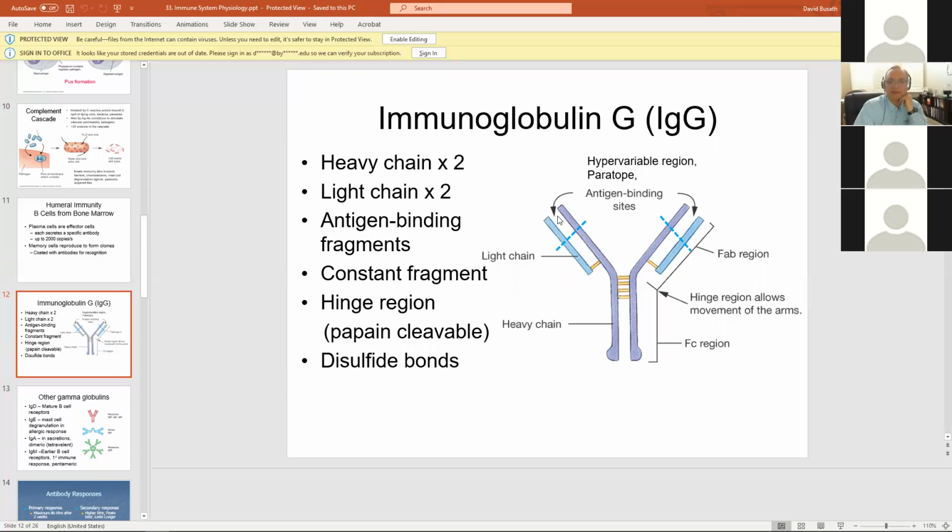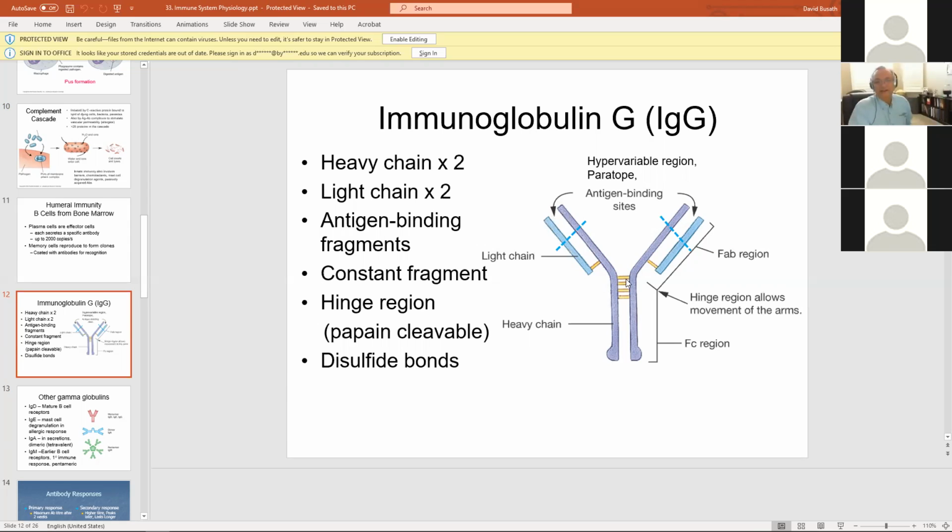This part has very specific surface complementarity to antigen surfaces. The shape of the antigen just fits into this like a hand in glove.